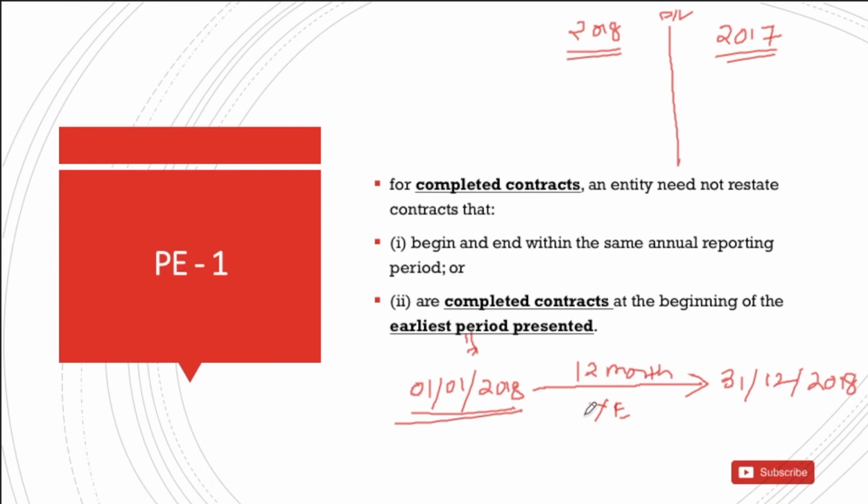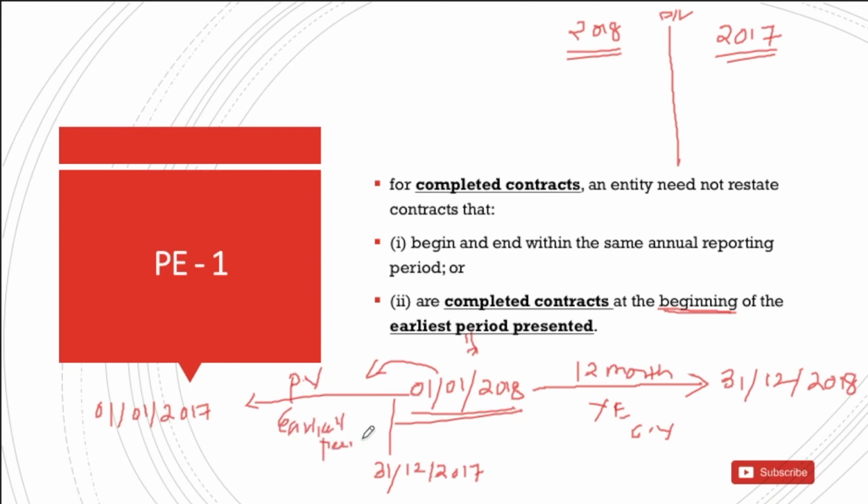So if this is your current year, then your prior year would run from 1st January 2017 to 31st December 2017. This is the prior year, and this is the earliest period.